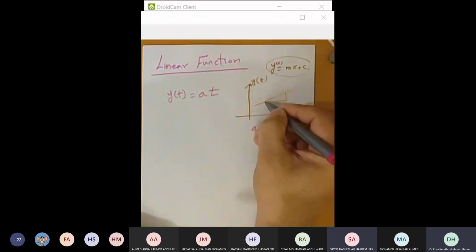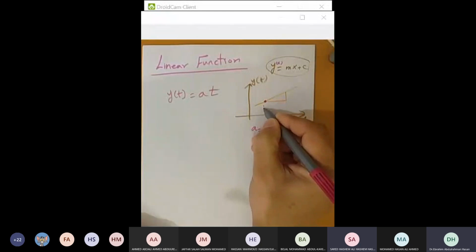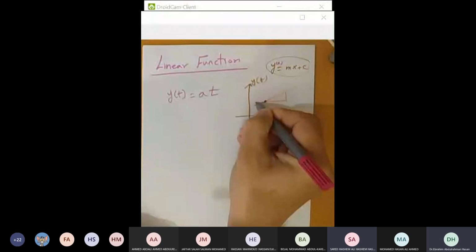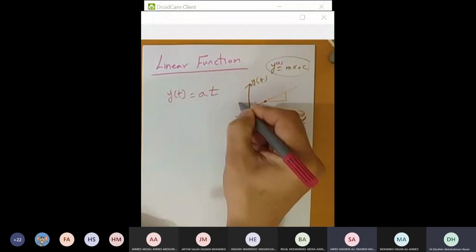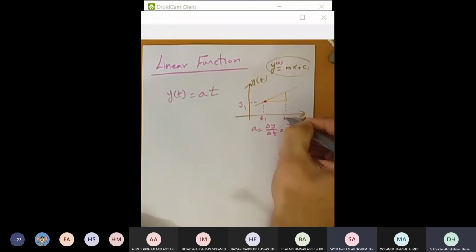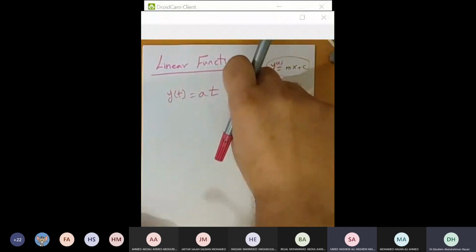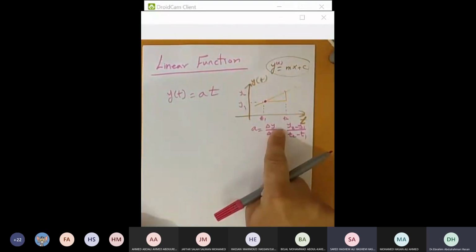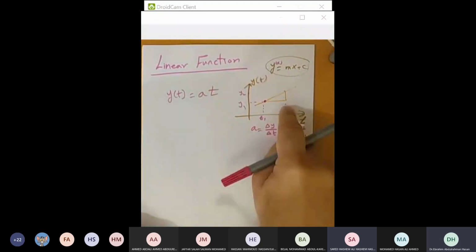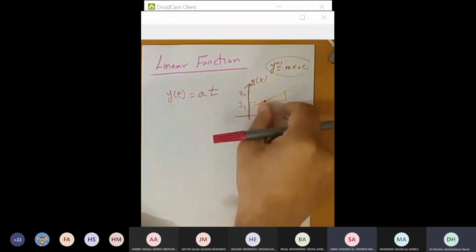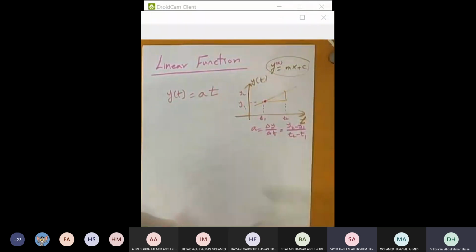Okay, then at this point t1, I have the value y1. Here it is t2, and this one is y2. So the difference between y2 minus y1, which is delta y, divided by the difference between these two, t2 minus t1, which is delta t, is the slope of the straight line.